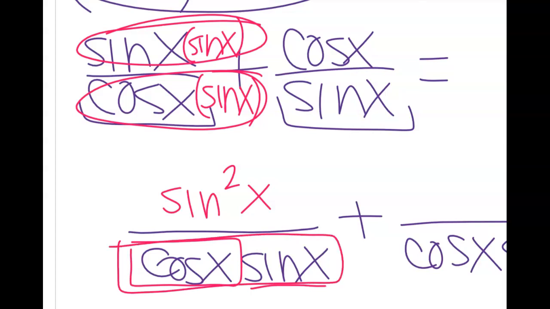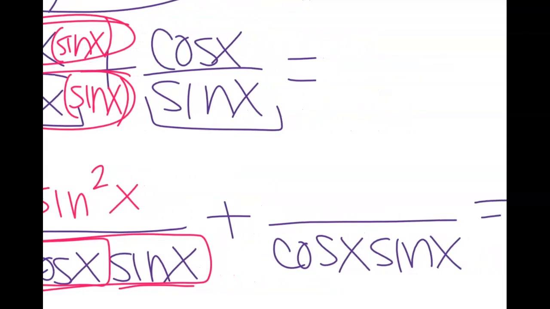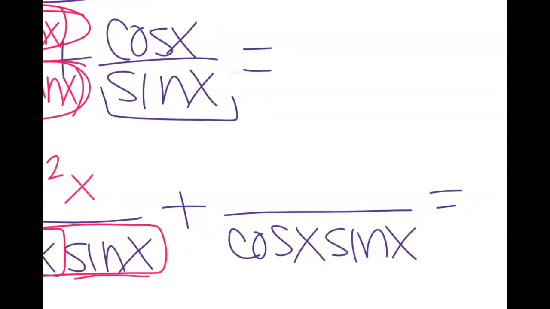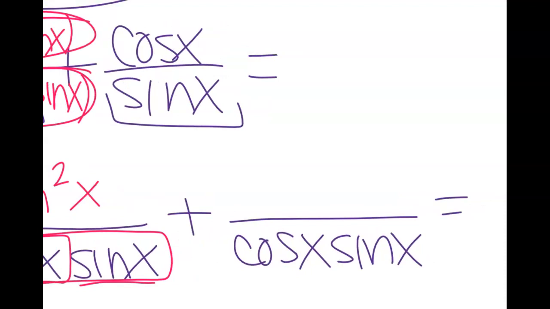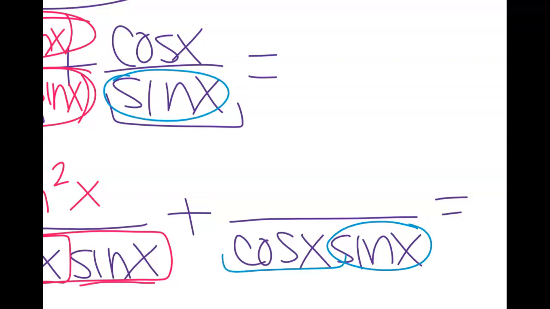Okay, now let's move on to the fraction on the right side. And you could see that that one already has sine x here. So what is missing is cosine x. So we're going to multiply the fraction by cosine x divided by cosine x, like that.